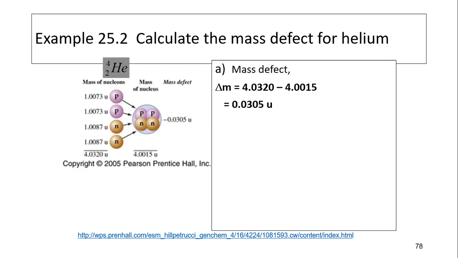0.0305. Okay. Then convert it to kilograms to find the binding energy, times 1.66 times 10 to the power minus 27.